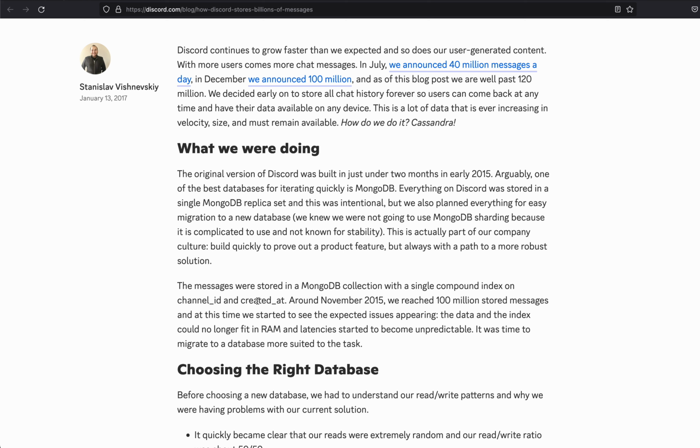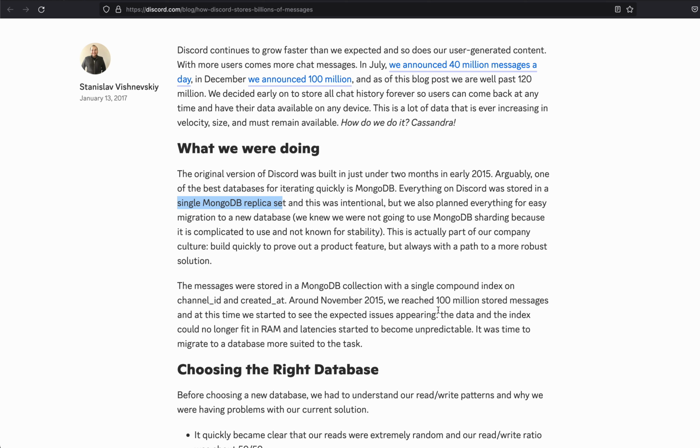By November 2015 they had reached 100 million stored messages. By this time they could see that the data and the index could not fit into a single MongoDB replica, as they were not using any other replica.